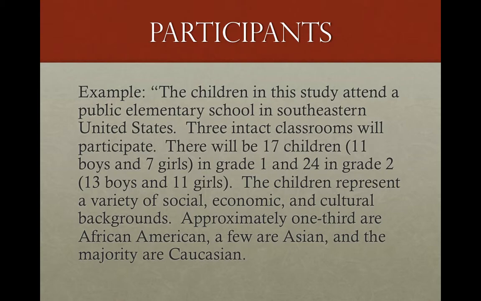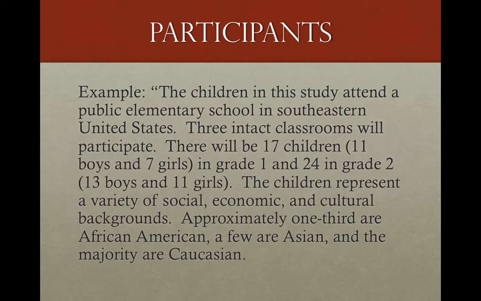Example: this is just something that I either threw together or maybe I found. Actually, I did. I found this one in a book, and I kind of liked it because it does what I wanted to accomplish. The children in the study attend public elementary school in southeastern United States. It looks like they're using 3 classrooms.